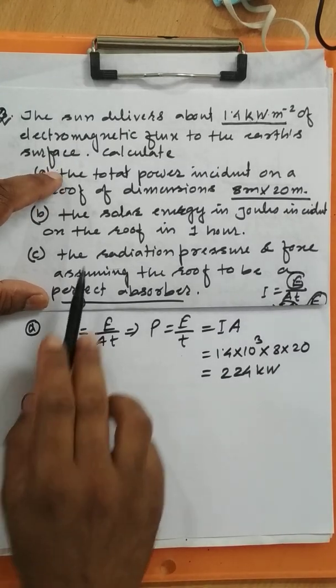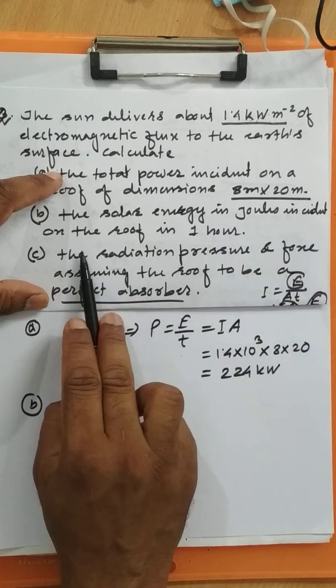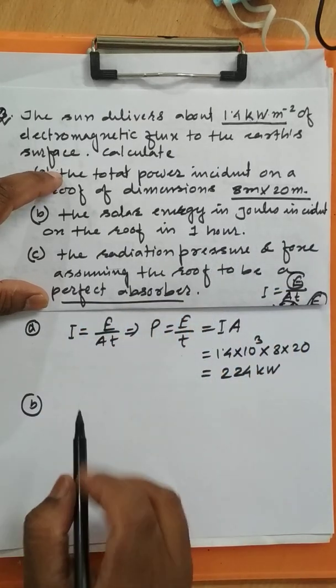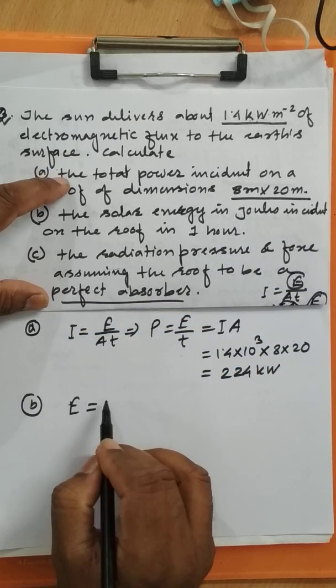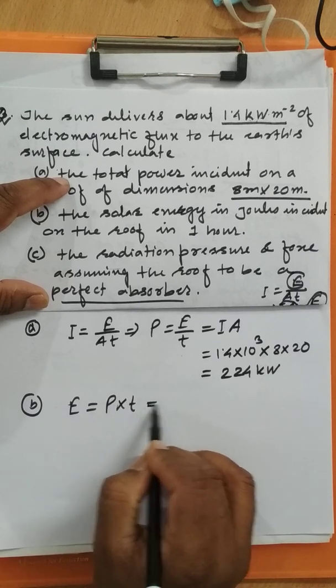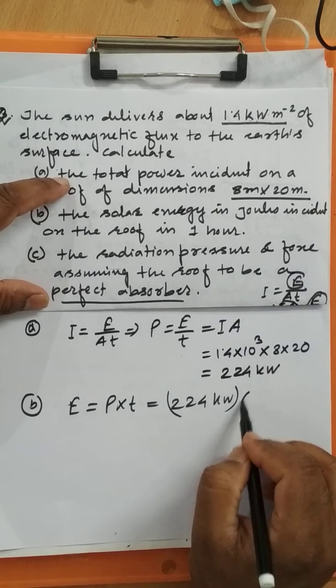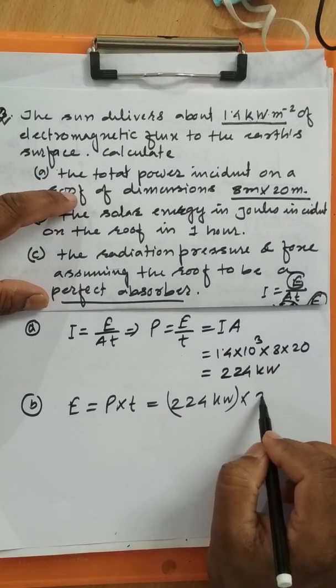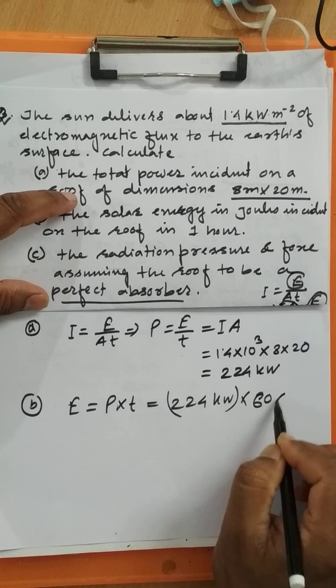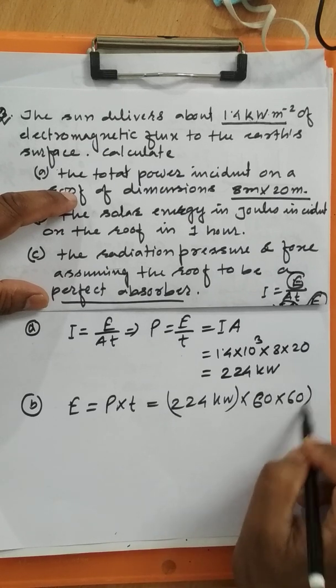Similarly, in the second point, the solar energy in joules incident on the roof in 1 hour. Solar energy, we need energy. Energy is nothing but power into time. You have the power 224 kilowatt, and in how much time? 1 hour. 1 hour means 60 minutes and 1 minute means 60 seconds.